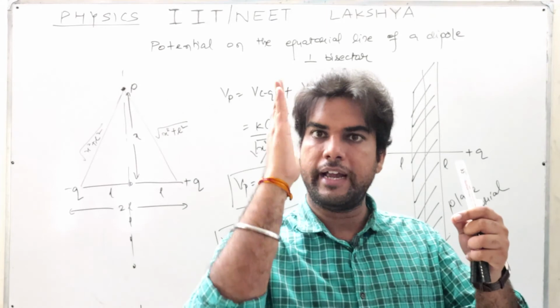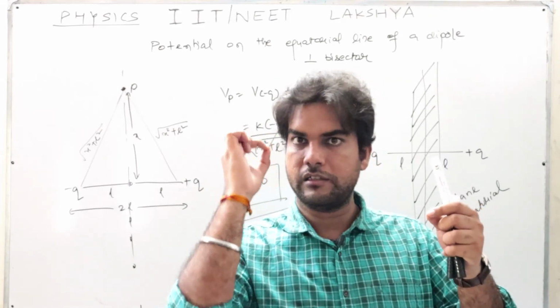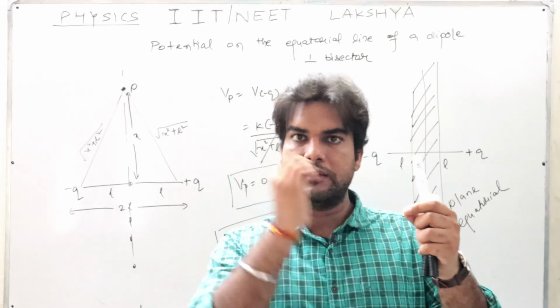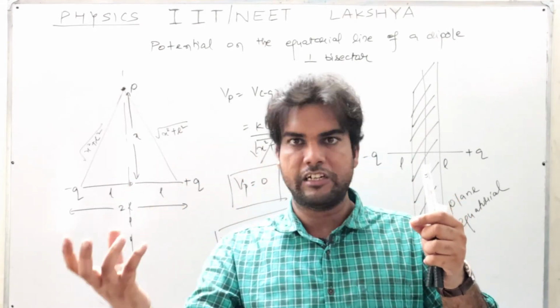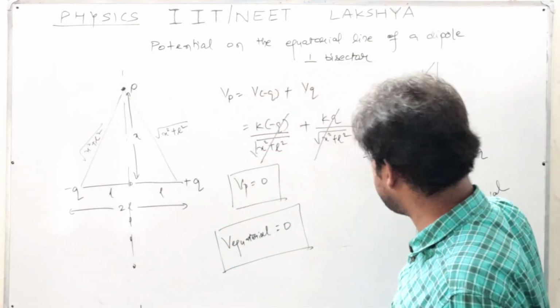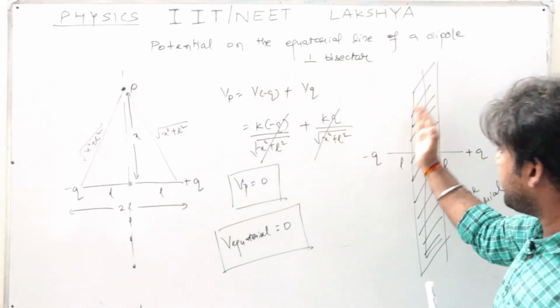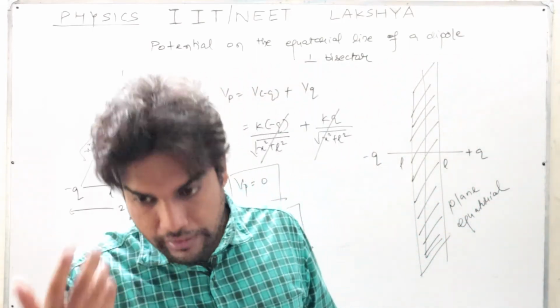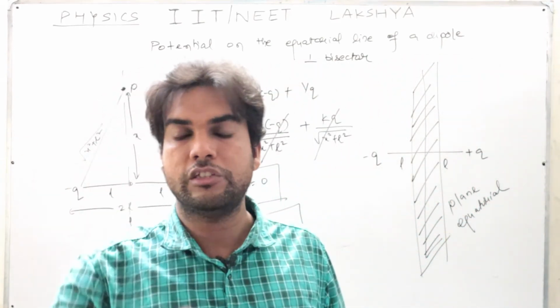Similarly, at this point on this plane, this distance and this distance again would become the same. The magnitude of charges is the same, so again the potential will become the same. It means that on this entire plane, anywhere the potential will be 0. Or I can say at any 2 points on this plane, the potential is the same.